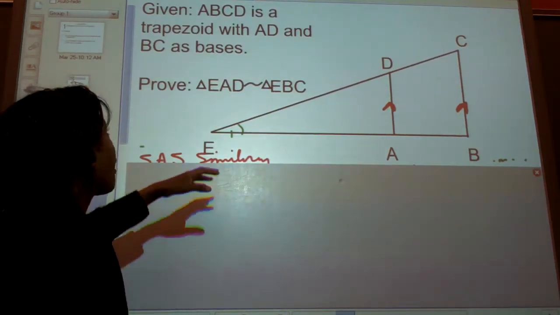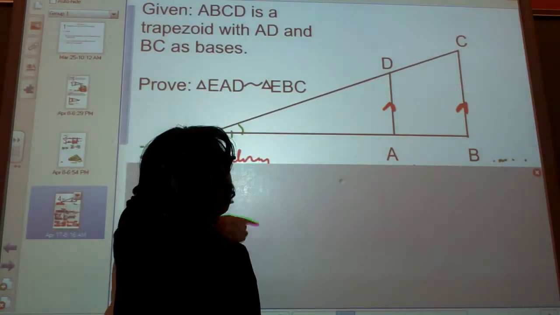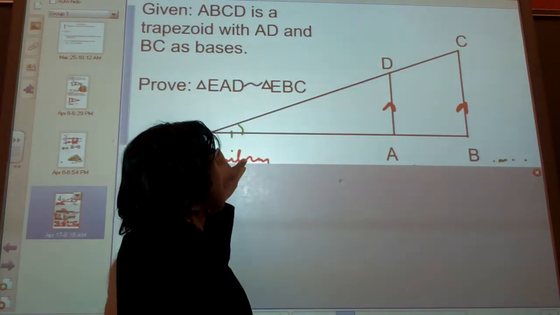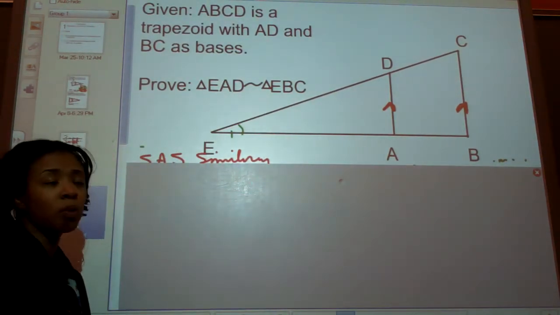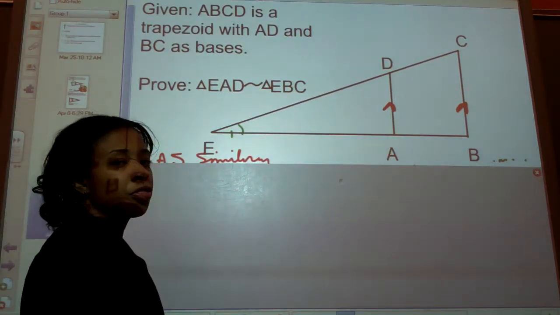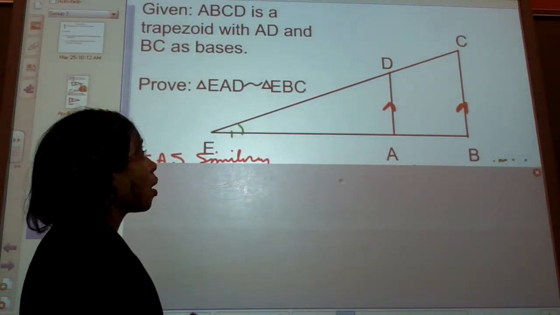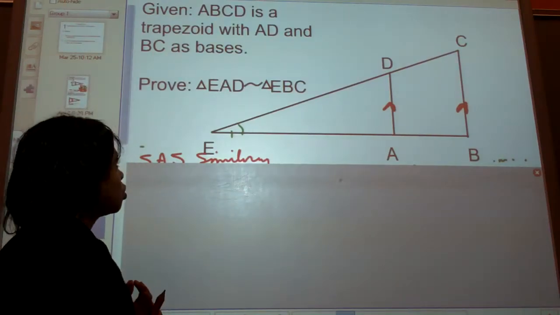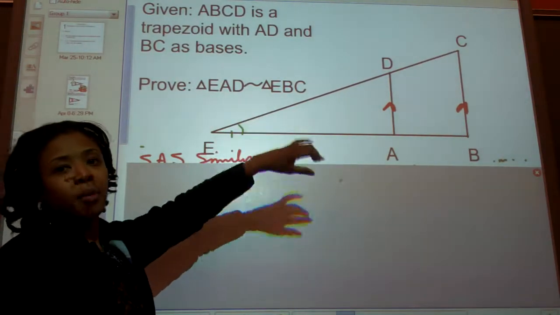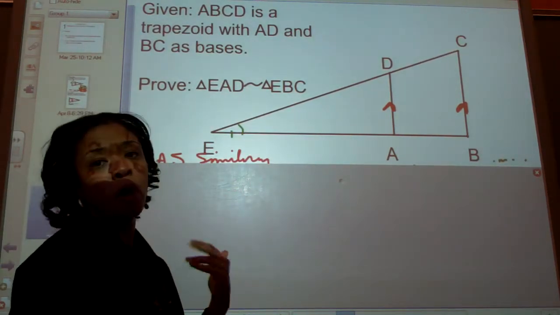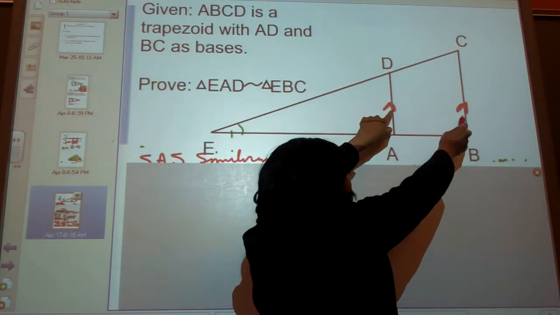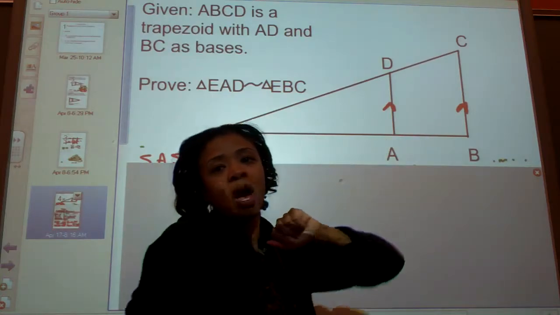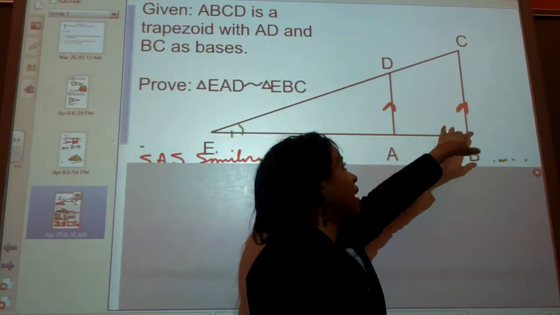Right? I have to prove that triangle EAD is similar to EBC. And remember when we do a proof, we always ask ourselves, first of all, what's the first thing we do? We draw a diagram, which is done for us. Step 2, we mark it up, everything we remember. Well, I've already marked up that ABCD is a trapezoid with the bases AD and CB.